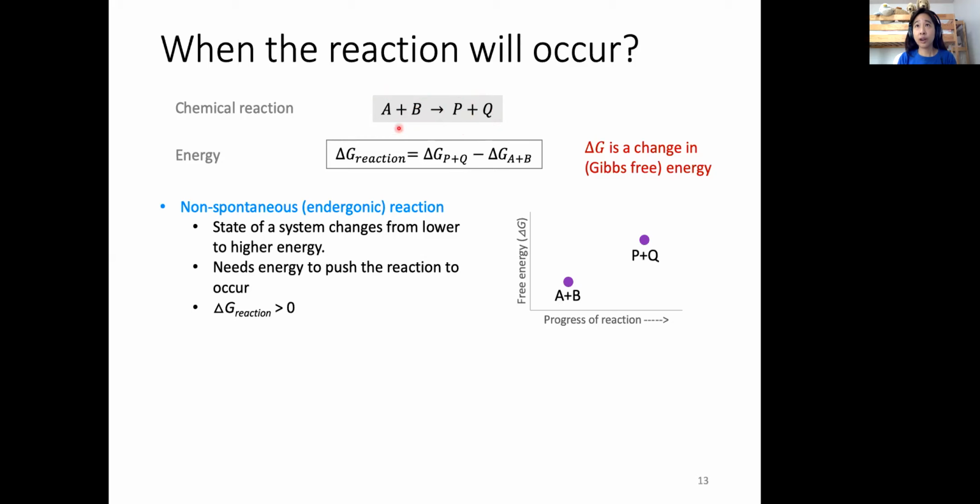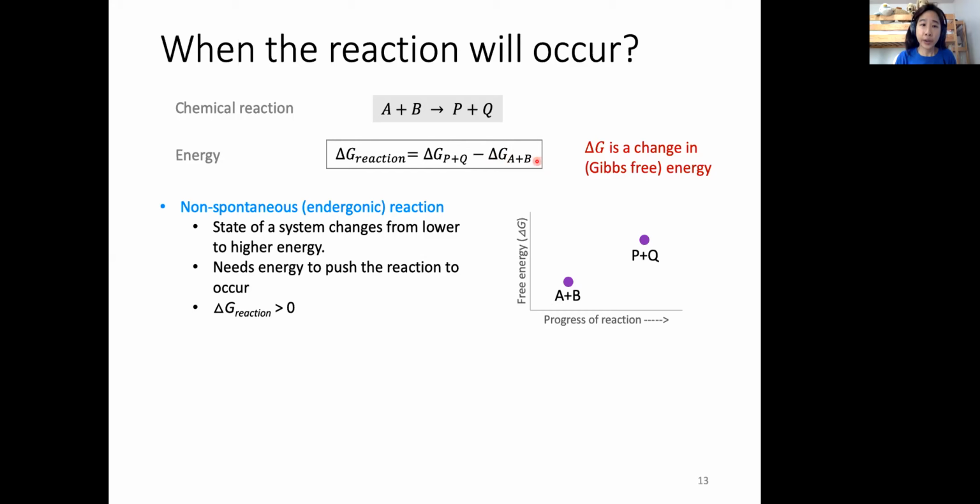The energy of the reaction is the energy of the products, delta G of P plus Q, minus the delta G, the free energy, of the reactants A and B. So the delta G of the reaction is equal to the energy of the products minus the energy of the reactants.